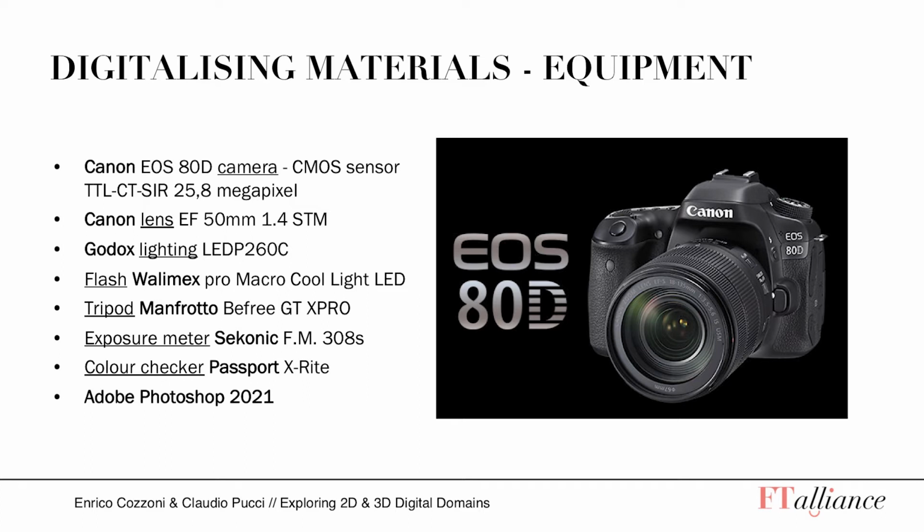What we have used, I guess, is around 200 euros. So it is not expensive. Flash, a tripod, an exposimeter, a color checker. As software for creating the digital map of the material, we have used Adobe Photoshop.